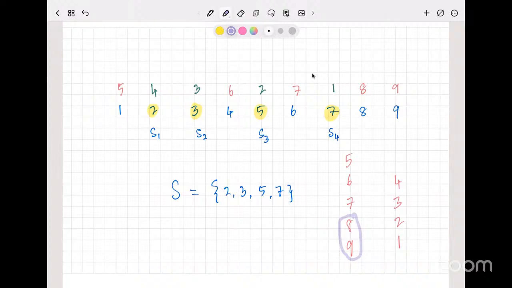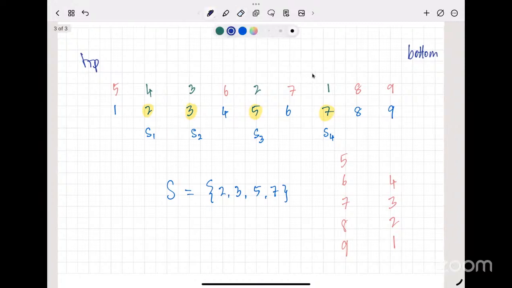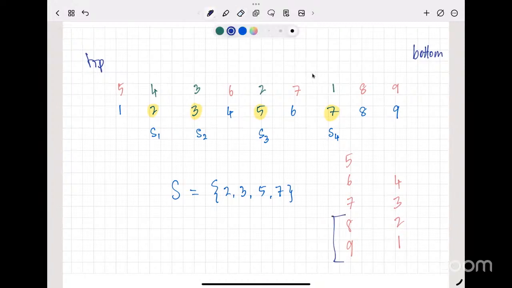So 9 goes to the absolute bottom of the deck. So this side is the bottom, and this side is the top. We pulled out 8 and 9 here. And then 1 from here, then 7 from here, then 2 from here, then 6 from here, and 3 and 4 from here, and 5 from here.